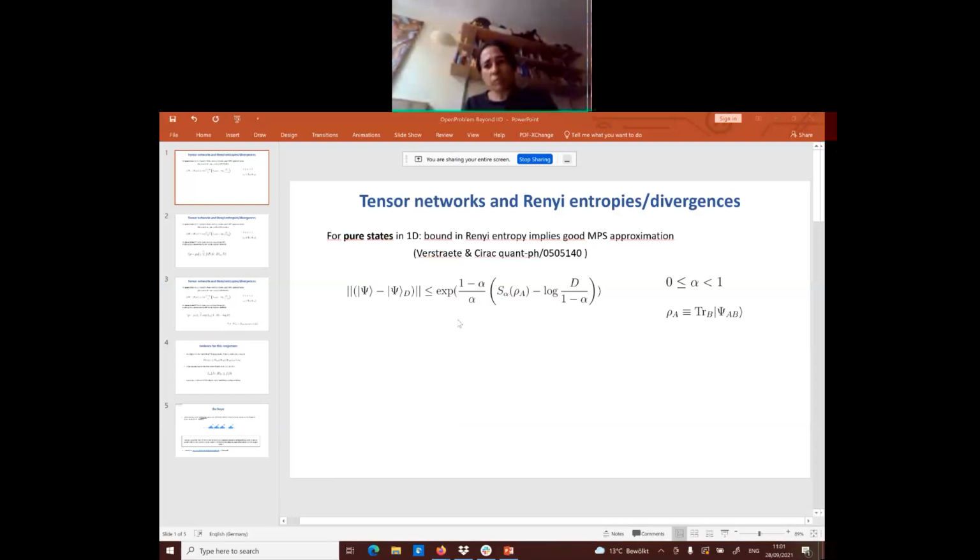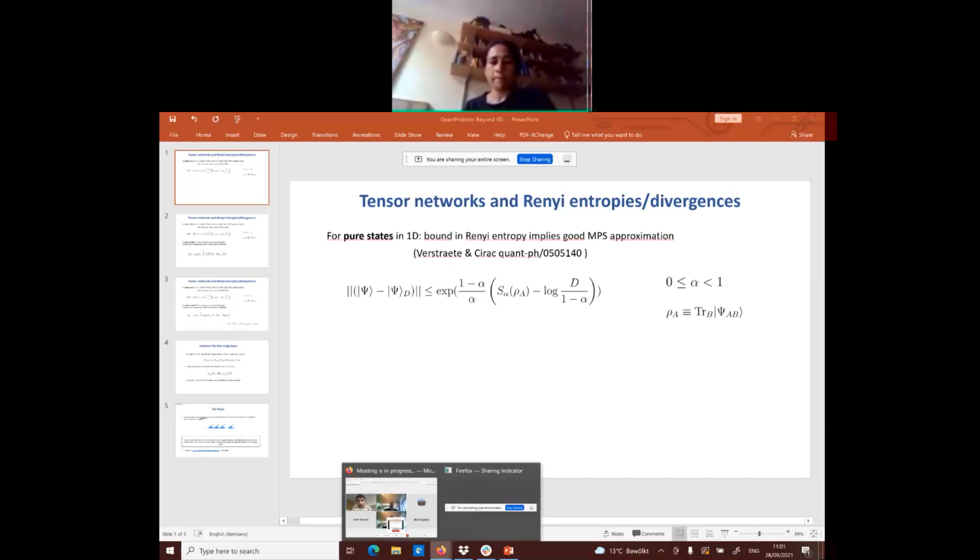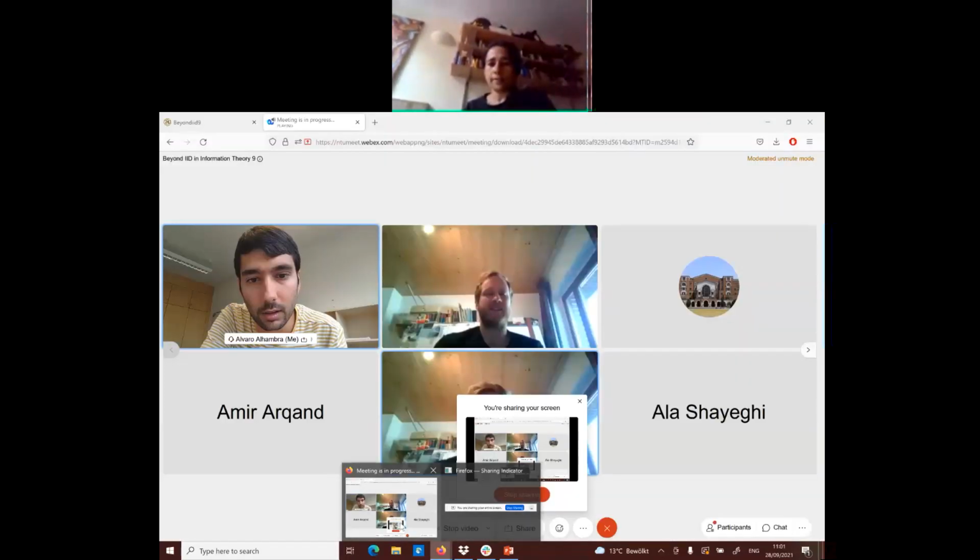I guess ideally you want the alpha to be as small as possible, that's the better bound. But sometimes you cannot. Sometimes you have maybe alpha equals 1/2. Okay. So then it depends on calculating the first term, the Renyi entanglement entropy, right? That's the one you calculate. Yeah, this is what you have to calculate. Thanks.